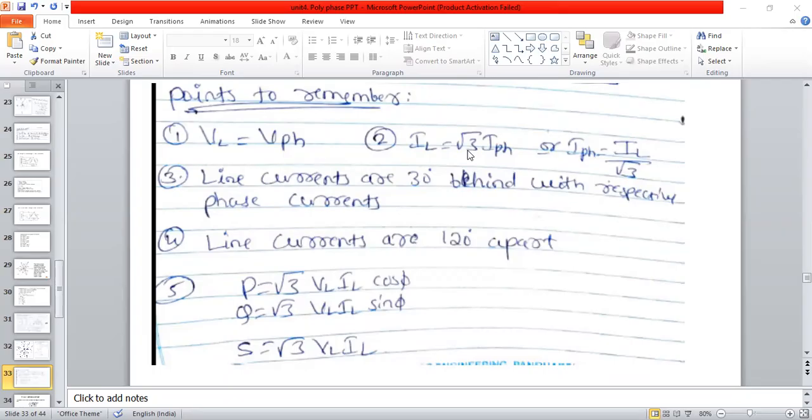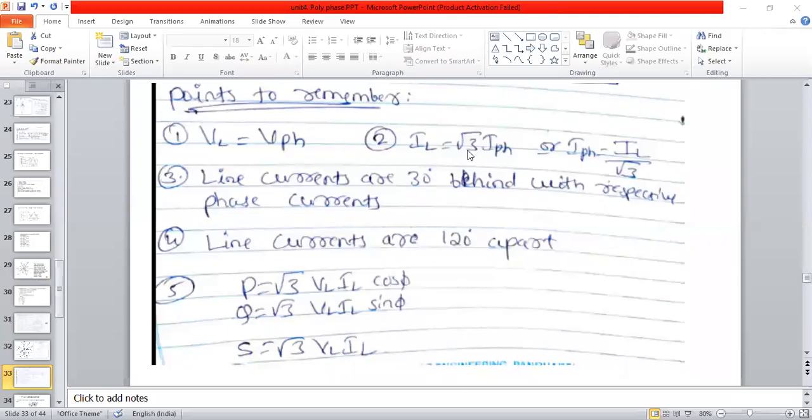You write down: line currents are 30 degree behind the respective phase current.